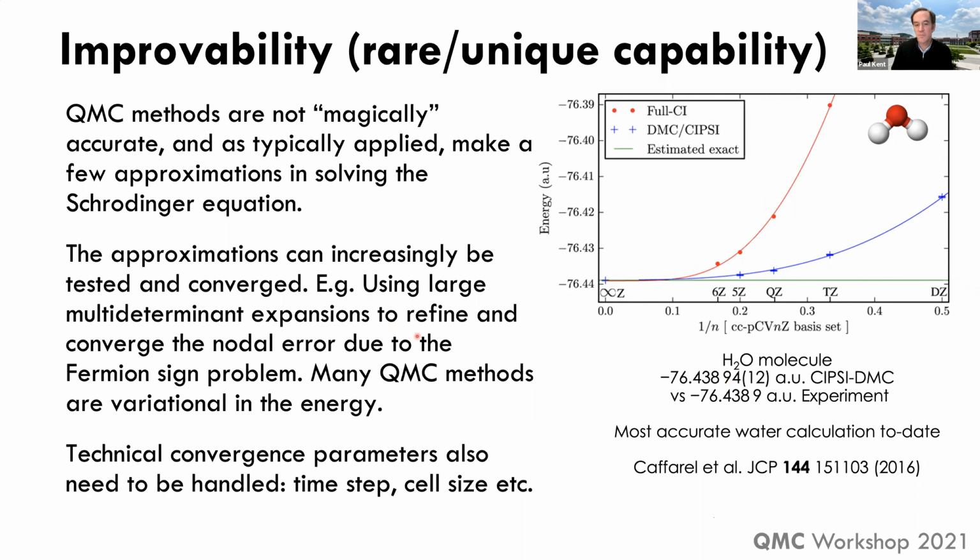And so this is done by, as we may hear a little bit about this, systematic improvements of the trial wave function. So this is something that's starting to become possible, actually not just for water, but for increasingly large systems over time.